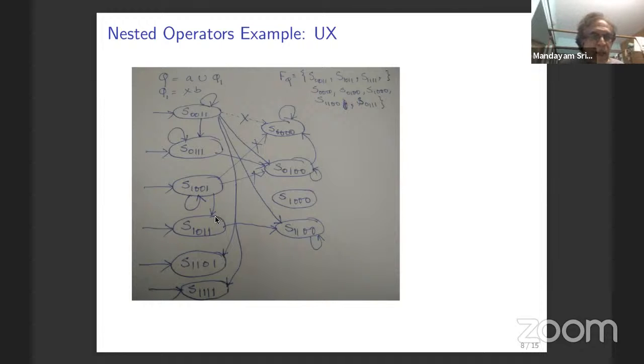Okay, now, this self transition is fine, okay? Because it preserves the XB, because B is true in that state. And since phi 1 is true, phi is already true. So there's no harm in it continuing to be true.